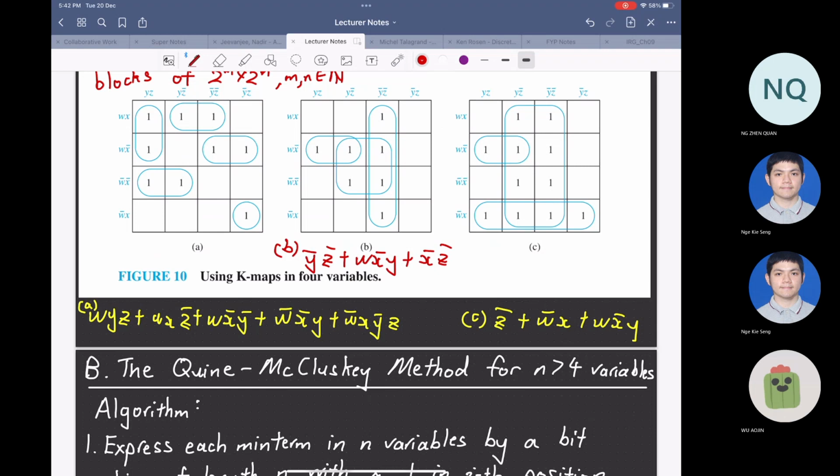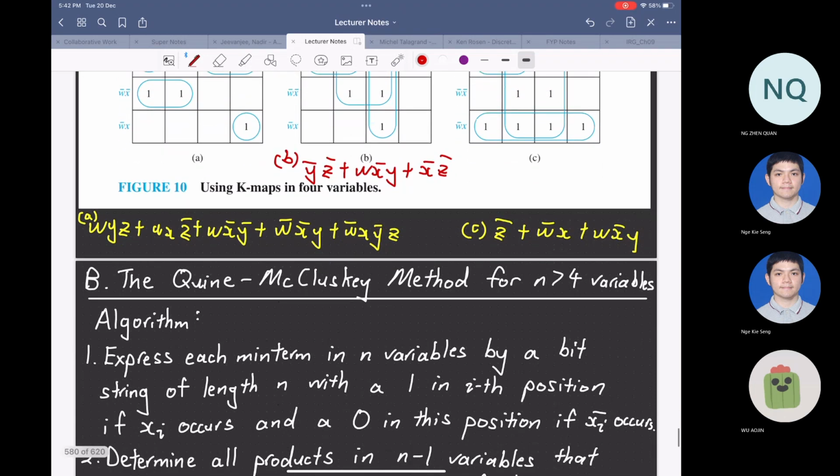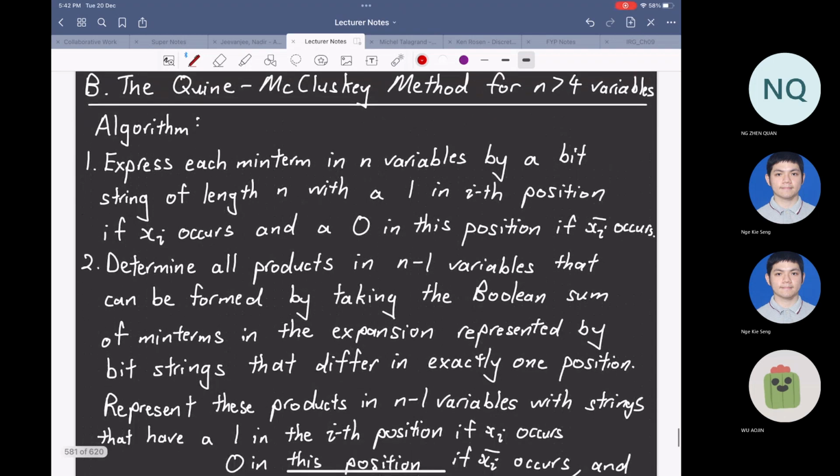So another way to encode this data is what we call the Quine-McCluskey method. For n greater than or equal to 4, this method will be easier.